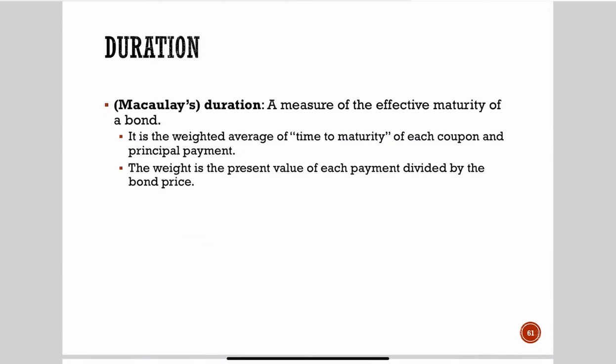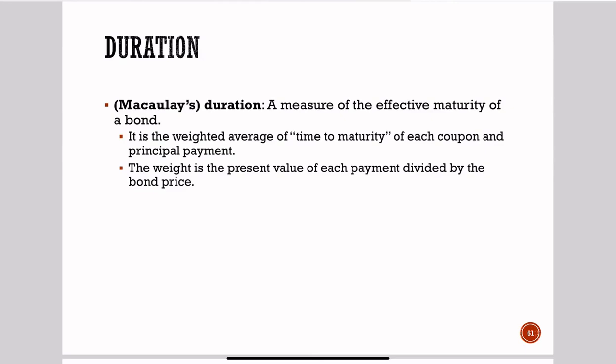What is duration? It's really the average maturity, right? In essence, it's just average maturity. Now, how do you do the average? Here we will use the weighted average. So essentially, duration is the weighted average of maturity for each coupon payment and for the principal payment. Now, what is the weight?